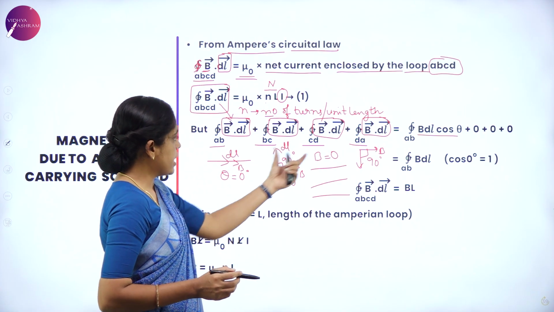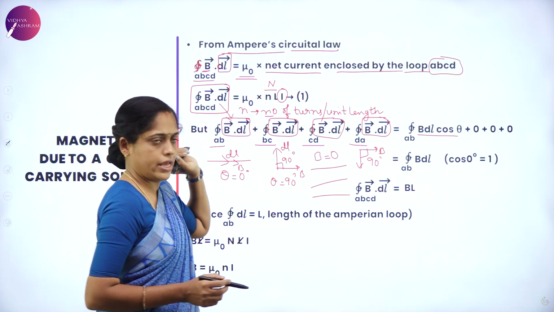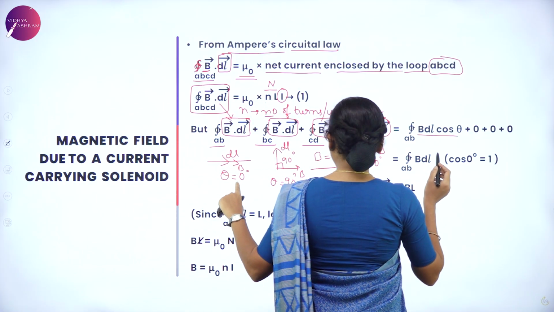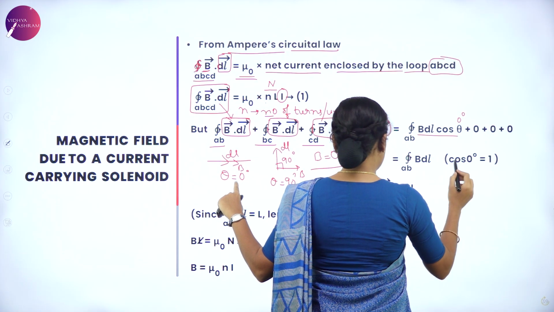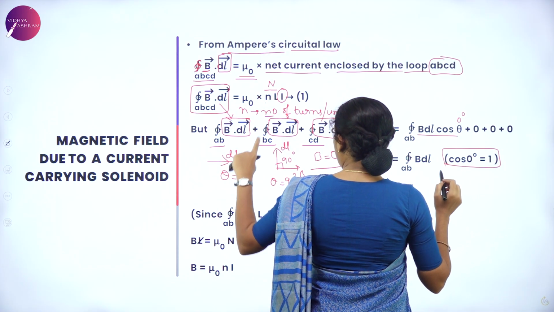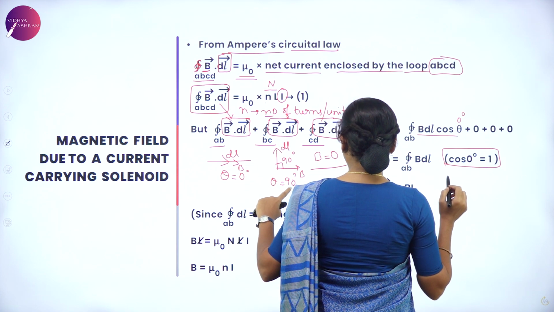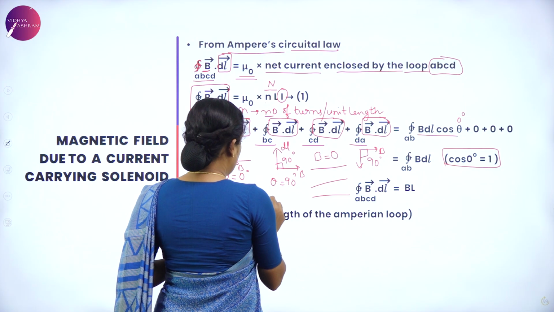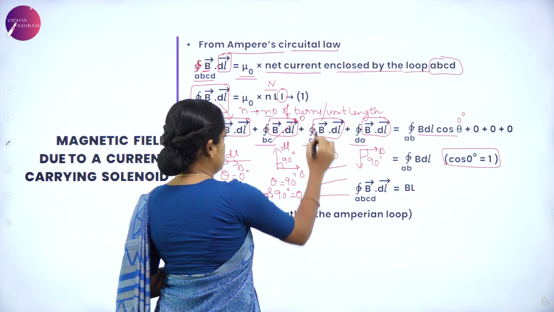Now, keeping these angles, let us find B dot dl for each side. For AB, the angle is 0 degree, so cos 0 is 1. For side BC, theta is 90 degree, and cos 90 degree is equal to 0, therefore this is 0.